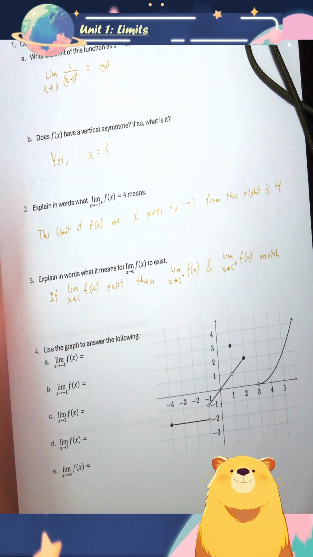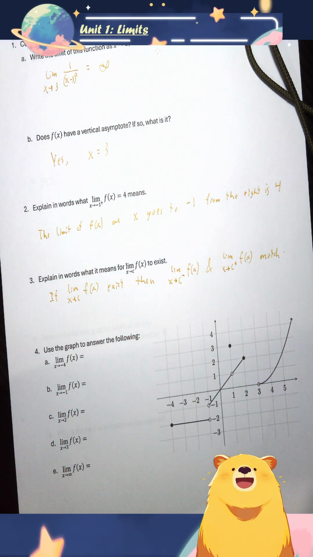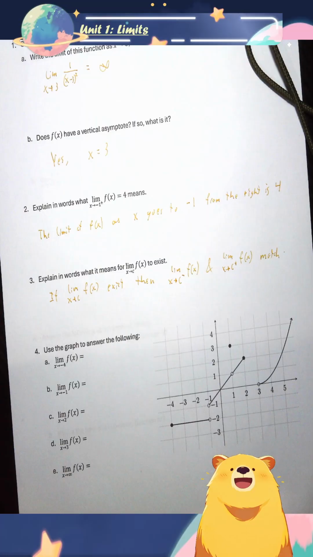Or something like that. Must exist and be equal, something like that. Okay.